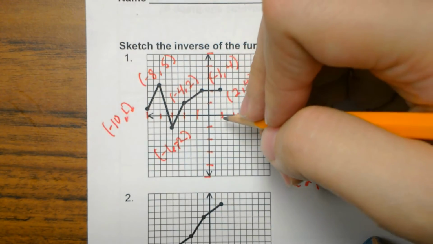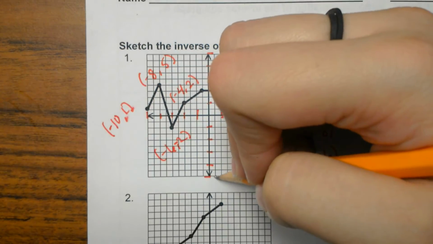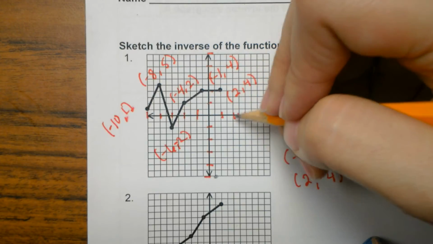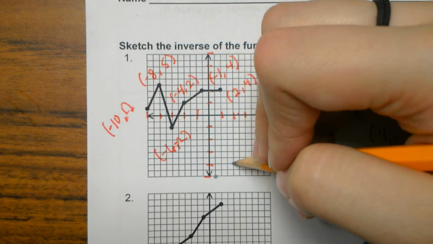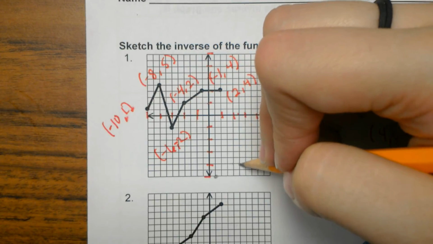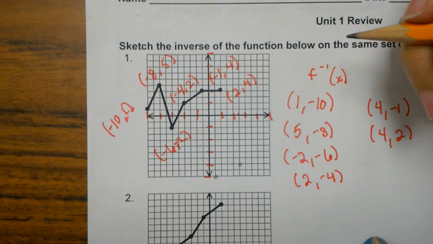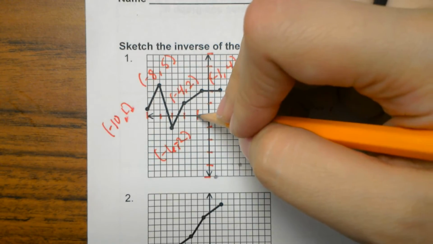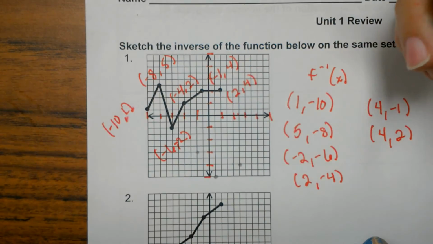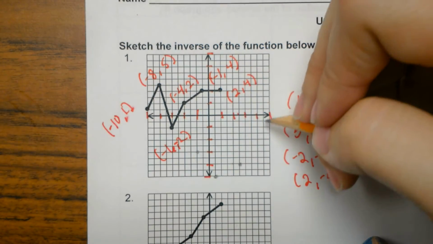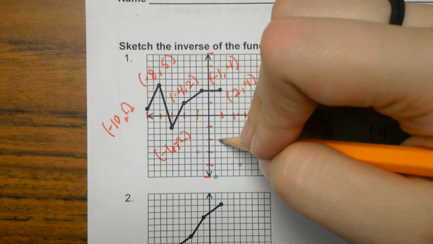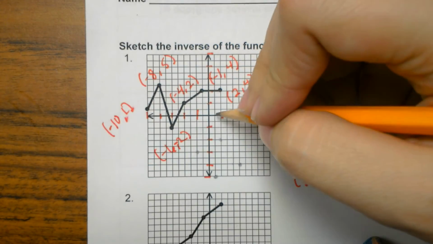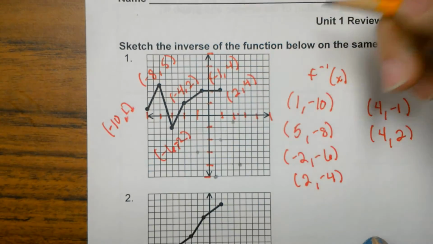So 1, -10, 5, -8, -2, -6, 2, -4, 4, -1, and 4, 2.